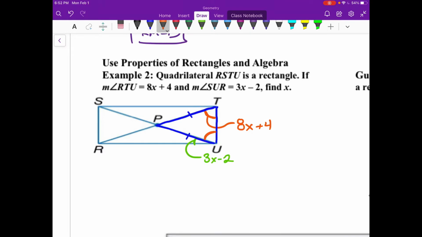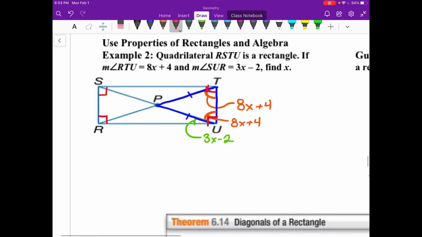So I have a second angle on the other side of this triangle that is also 8x plus 4. And now notice that my orange angle and my green angle both make up one angle on the side of this rectangle. And rectangles have right angles in their corners. They are similar to squares in that way, and we'll get to squares in a bit too, but rectangles are more stretched out than squares.